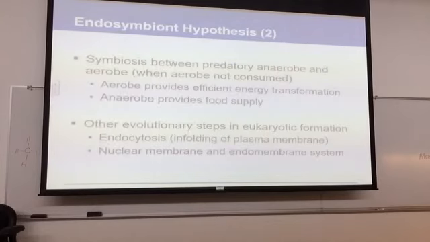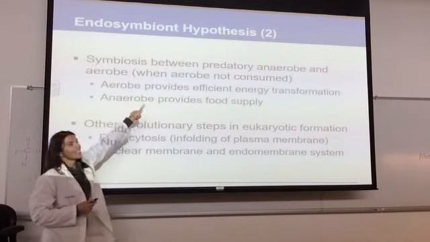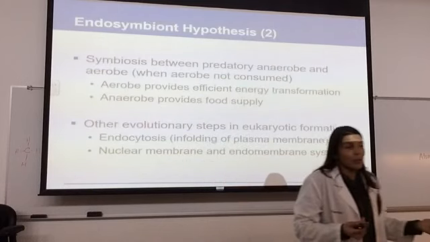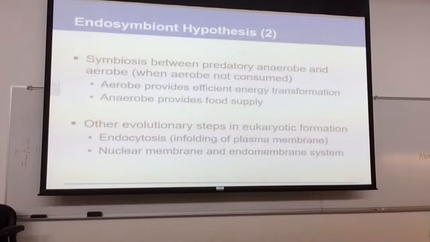Work together. It says that we begin to see this symbiotic relationship between the predatory anaerobe and the aerobe when the aerobe is not consumed. So that means the anaerobe says, I'm just going to engulf you, and I'm going to let you do all the work. You have to stay here.